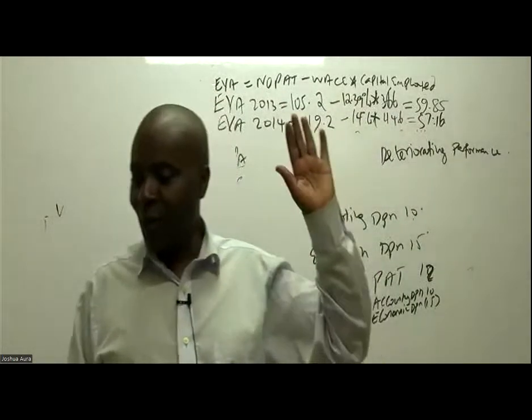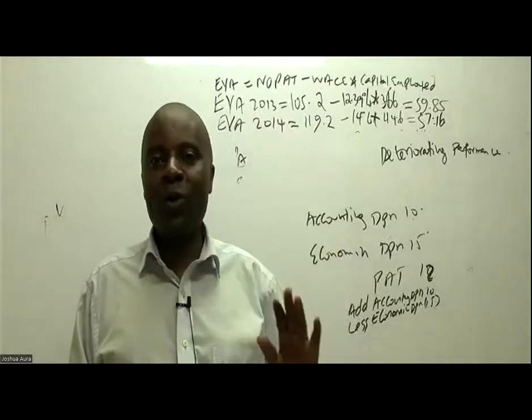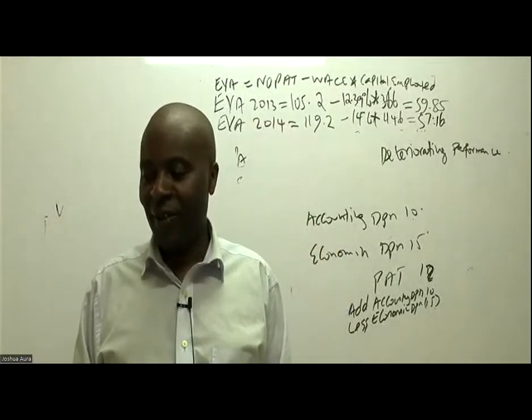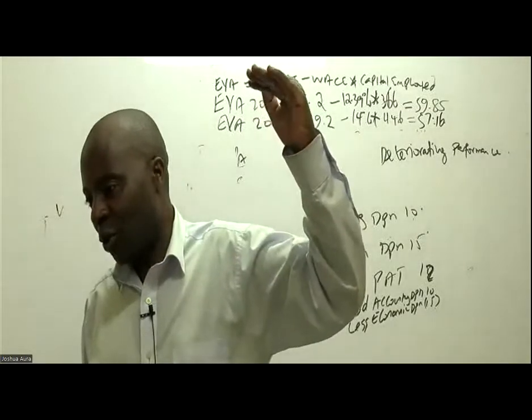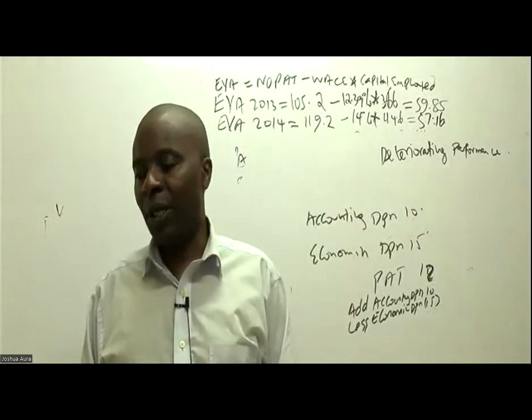So have I answered your question, Martin Kiunguti? When they're different, that's what you do. You add back the accounting depreciation, you less the good depreciation, which is economic depreciation.